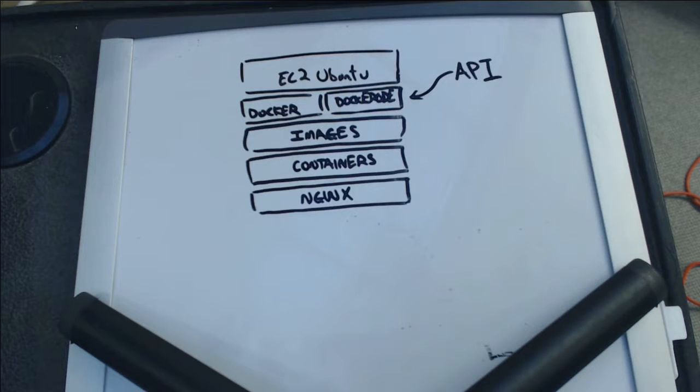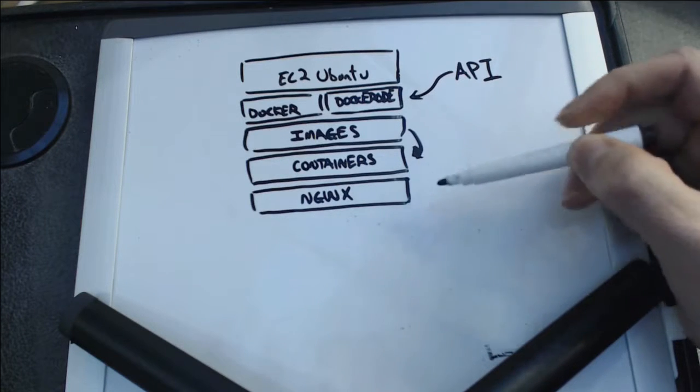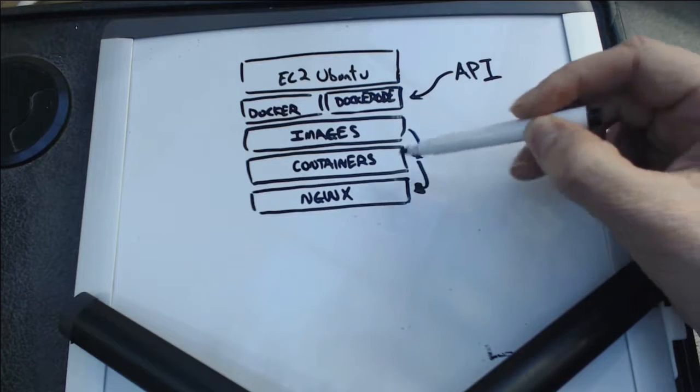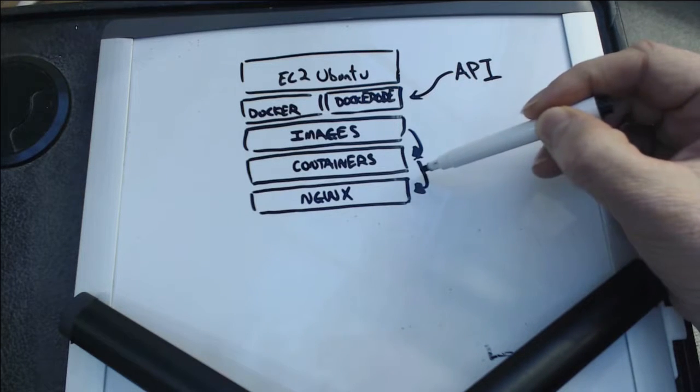Basically, Docker allows us to set up a server the way that we want it, create an image out of that, and then from that, launch individual containers, which are like reflections of that server that we set up. But every single container is its own server, separated from all the rest. So from that image, we launch the container, and we have Nginx, which is looking for requests for the container.